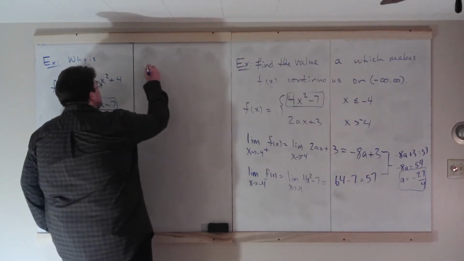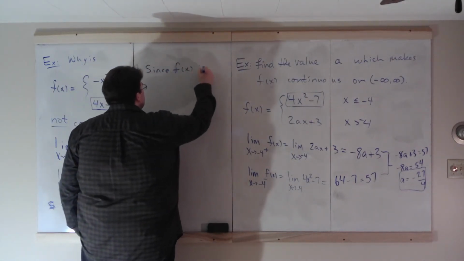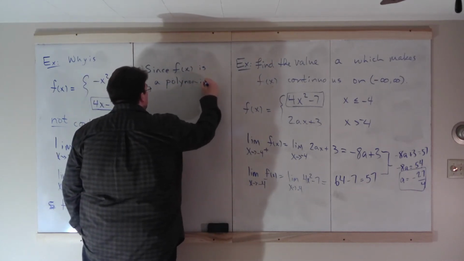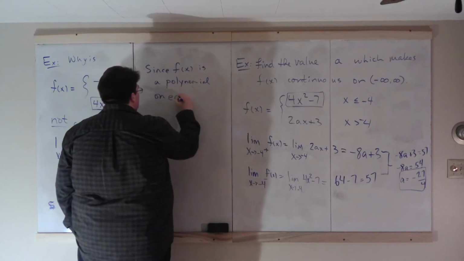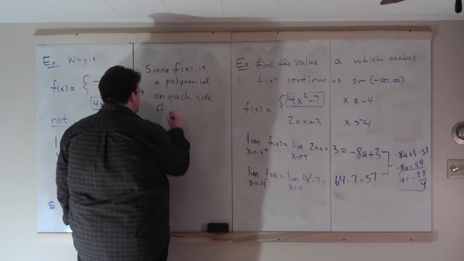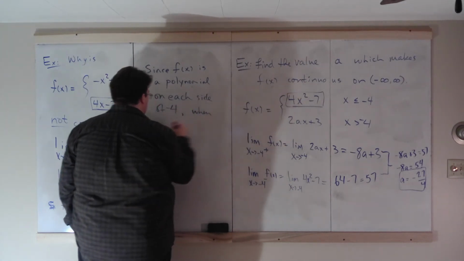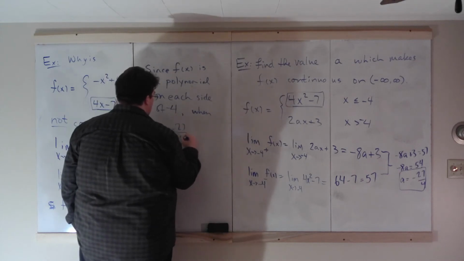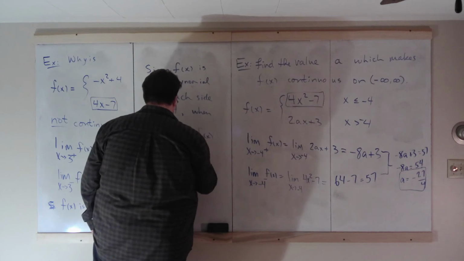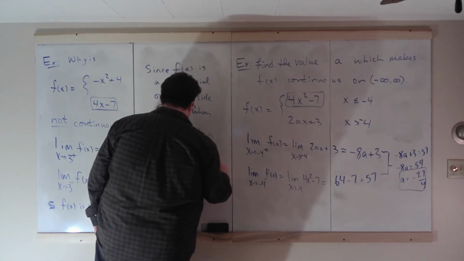So we could say, since f of x is a polynomial on each side, we can be a little informal in this, on each side of negative 4, when a equals negative 27 over 4, f of x is continuous on negative infinity to infinity.